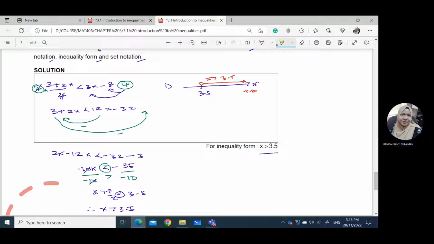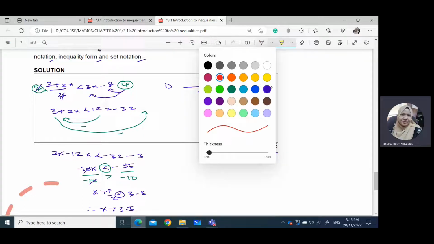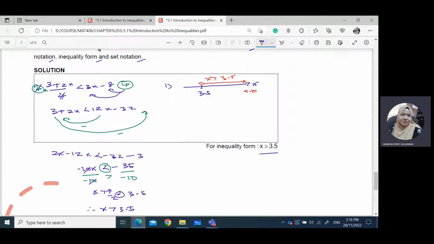Okay. Alright. So next, after the number line, second is interval notation. So dalam interval notation, so 3.5 adalah yang paling kecil lah. Tetapi 3.5 tidak termasuk dalam nilai x. Jadi kita letakkan dalam open bracket, which is 3.5. And the biggest number of x is infinity.